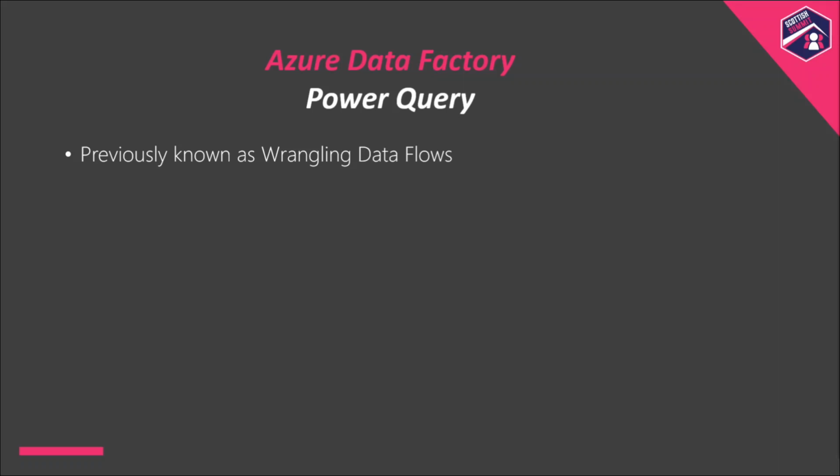It was actually a part of data flows in Azure Data Factory, and it came in two types: mapping data flows and wrangling data flows. Later on it moved out of data flows and is now kept separately as Power Query in Azure Data Factory. I will be showing you that in the demo later on.